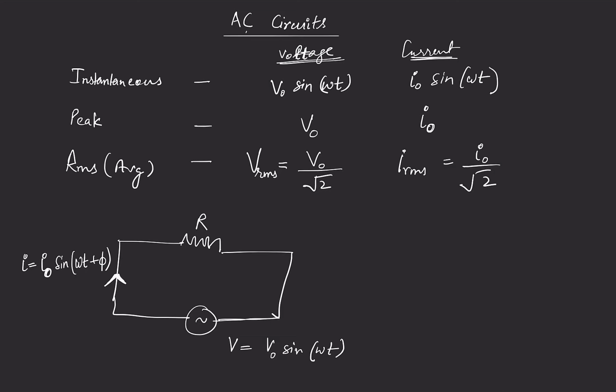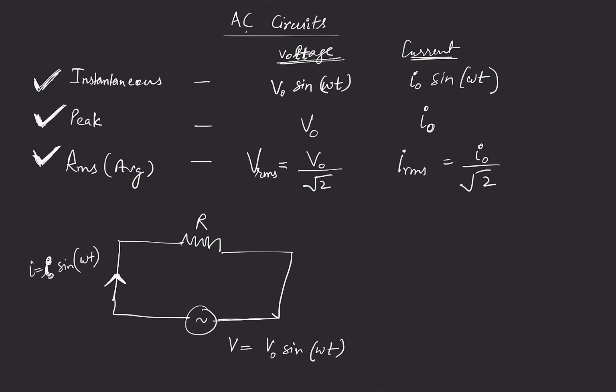So I'm just giving you an idea that we have to keep three things in mind while dealing with AC circuits: what is the peak value, what is the instantaneous value, and what is the RMS value of the voltages and currents. And if we only have resistance in the circuit, I would be simply I naught sine of omega t.